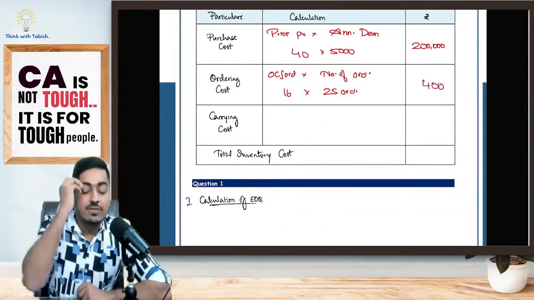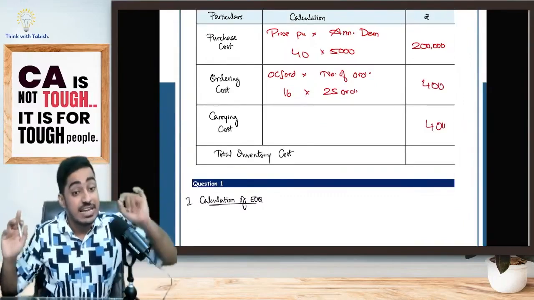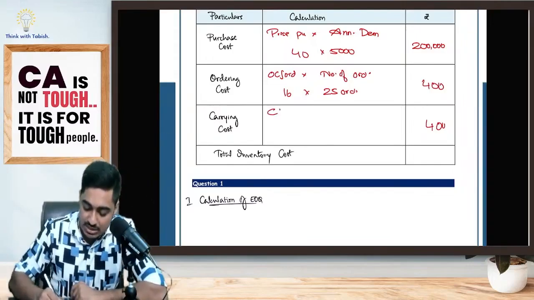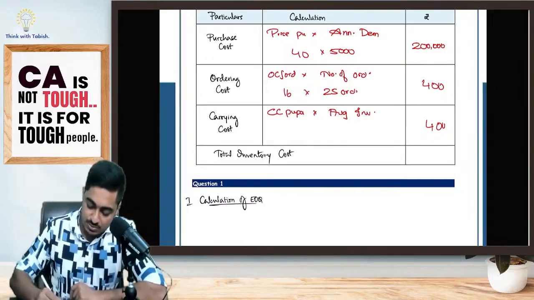Carrying cost, sir. Even without doing calculation, I will close my eyes and write 400 rupees. Will I still be right? I should be right if my answer is correct. Why? Because at EOQ, ordering cost is equal to carrying cost. It's carrying cost per unit per annum into average inventory. What is my carrying cost per unit per annum? 4 rupees per unit per annum.